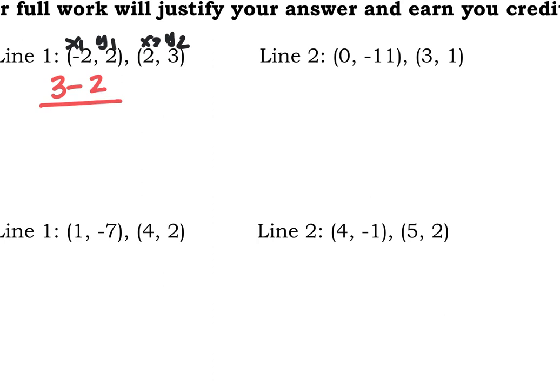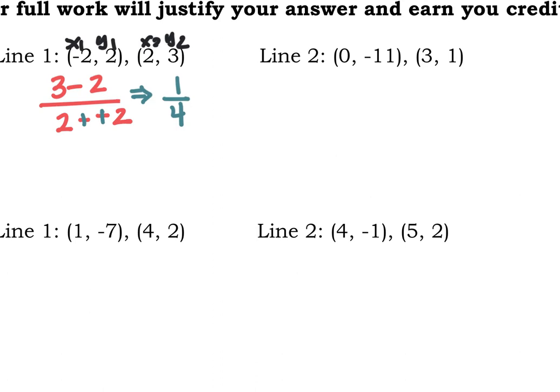Our x2 is 2, and our x1 is a negative 2. So that's where some mistakes may be made right there. You got to make sure you have the negative with the number. So a negative and a negative, that's the only time that should convert to a positive. So 3 minus 2 is 1, and then 2 plus 2 is 4.